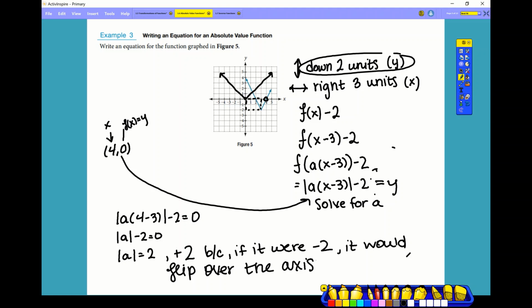Here you can interchange them. So we can either have 2 times absolute value of x minus 3, minus 2, and that is y equals, or we can have y equals absolute value of 2 times x minus 3, minus 2. They would both give you the same thing.